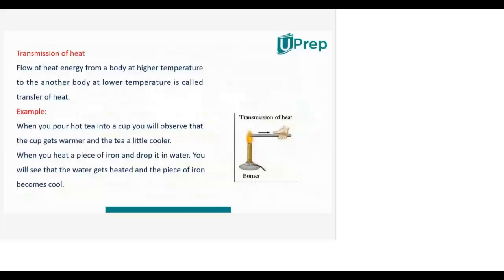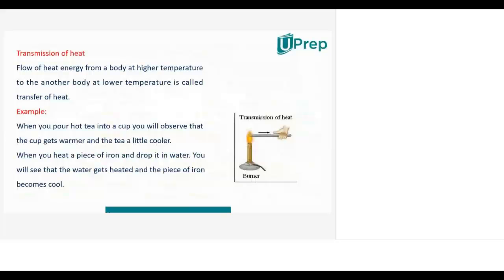Can you repeat the second word after thermal? I didn't catch that word. Equilibrium. Okay. So can you tell the definition? Equilibrium means same only.